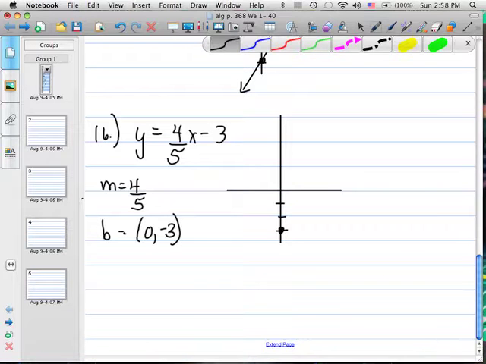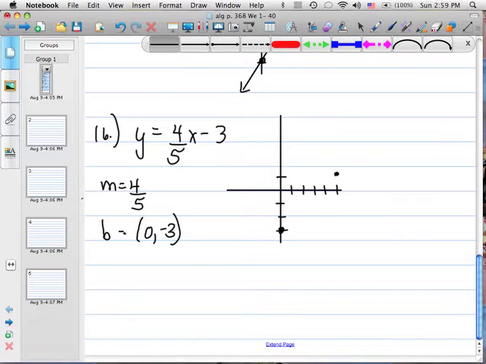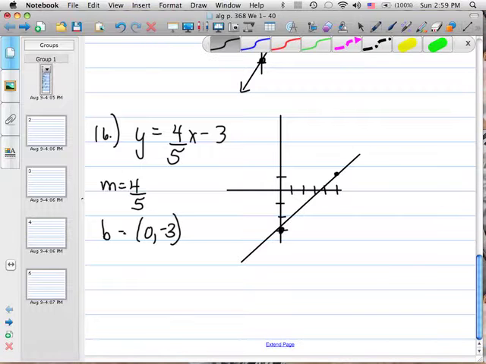And the slope tells us to go up 4, since it's positive. 1, 2, 3, 4, and then right 5. 1, 2, 3, 4, 5. So up 4, right 5 is our second point. And then we connect those points in a line. And then we have the graph for this equation.